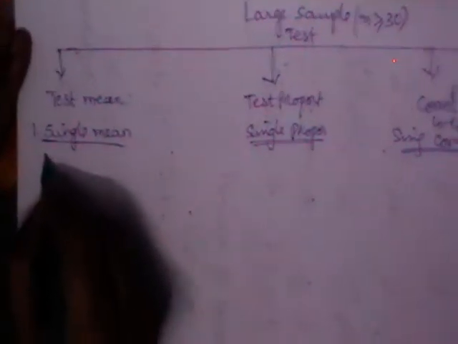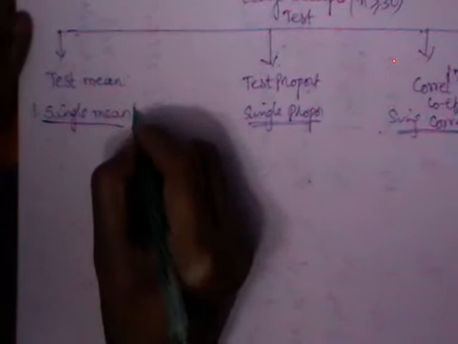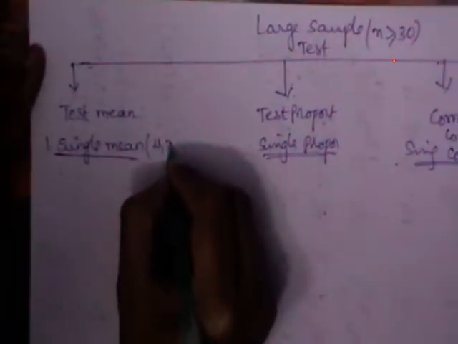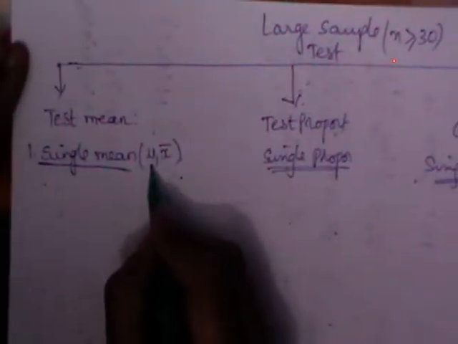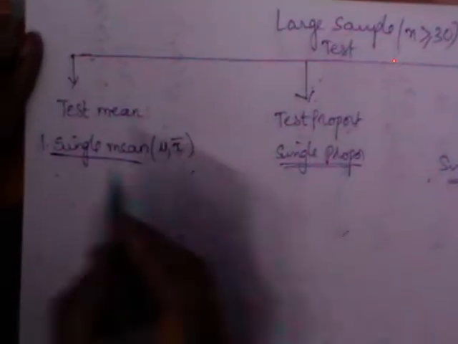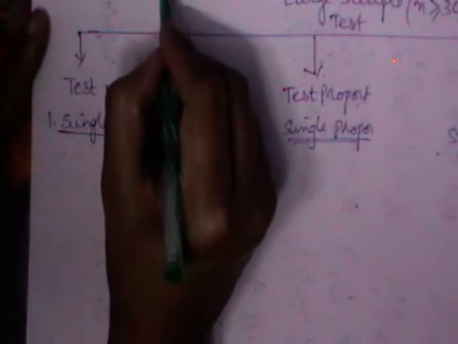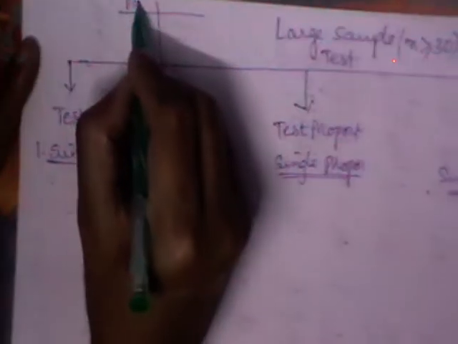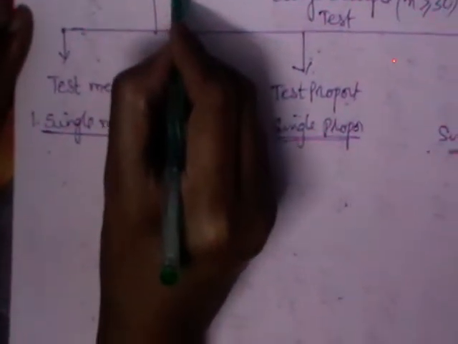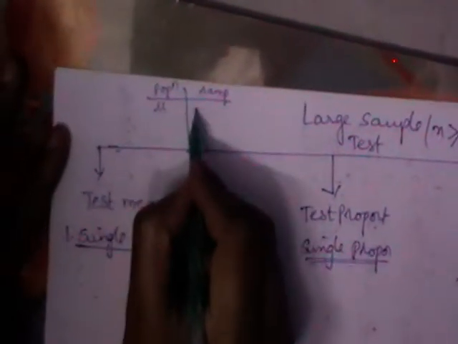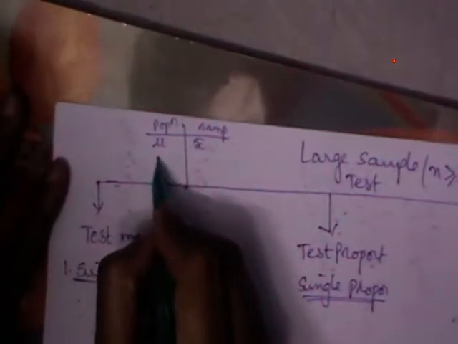That's all. For a single mean, you are going to use the symbols mu and x bar. Before this, try to write down the population parameters and sample statistics: mu here, x bar here, sigma square here, s square here, capital P here, small p here, rho here, r here.